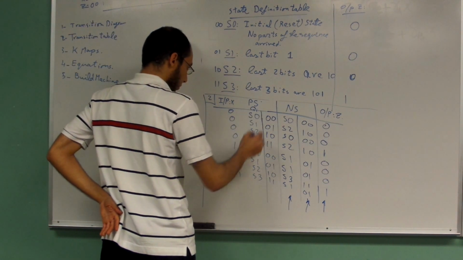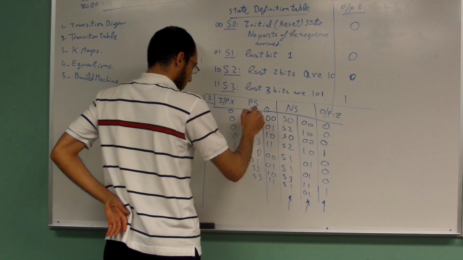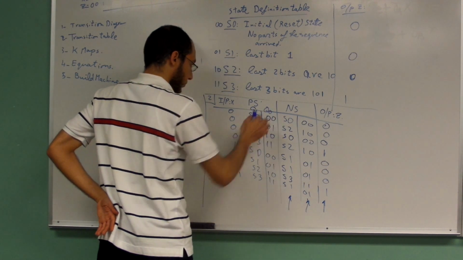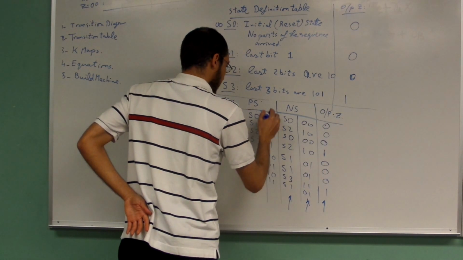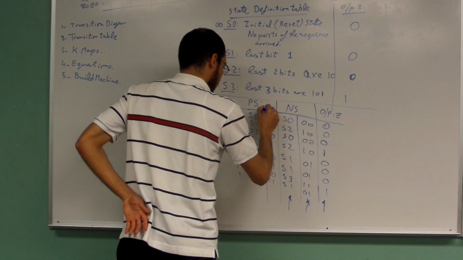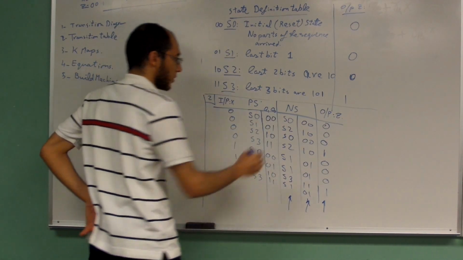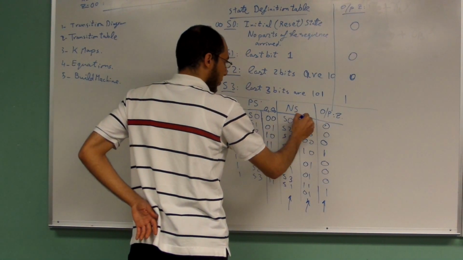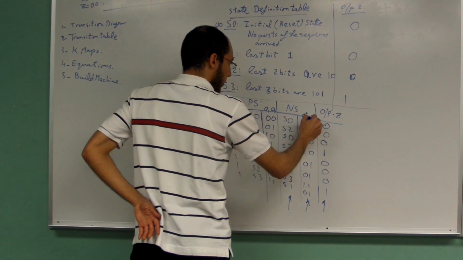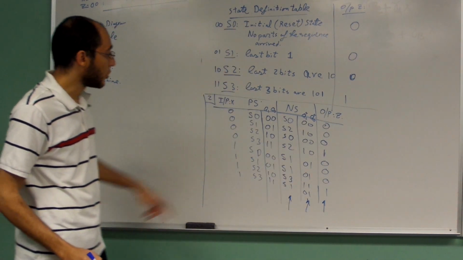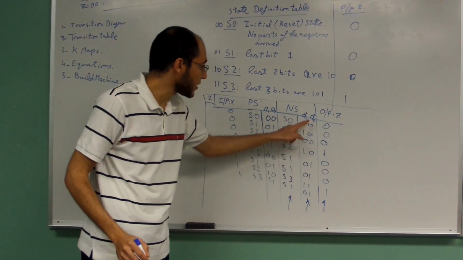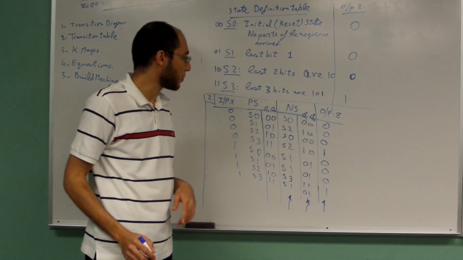These are the states. We have here Q0, and this is Q1. So this column represents Q1 plus, and this column represents Q0 plus.